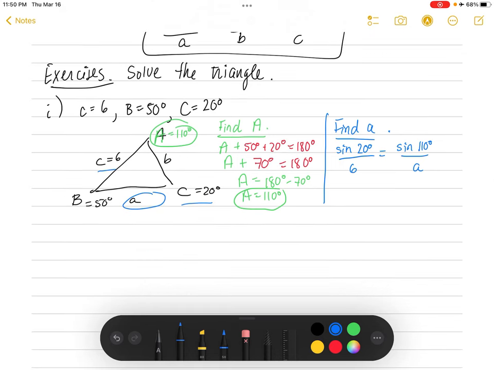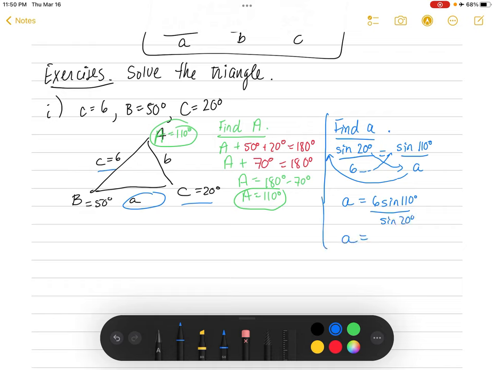So when that's the case, we can try to find little a. I'm going to bring 6 up with the sine of 110. I'm going to take a up on the left side, and the sine of 20 I'm going to put under the sine of 110. So I'm going to end up with a equals 6 sine of 110 over the sine of 20.